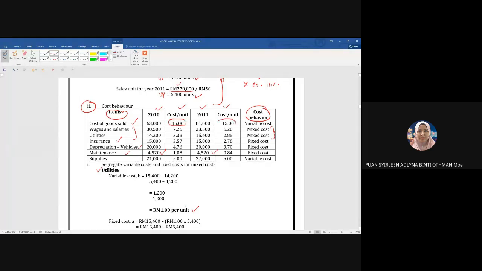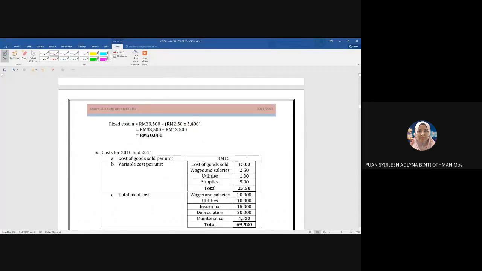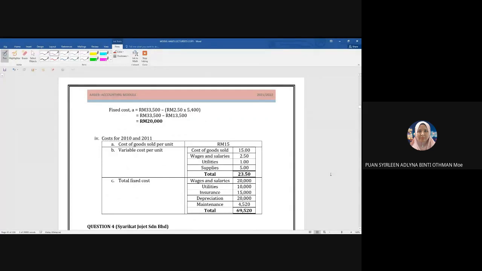Every time I divide, I get RM15. This one I divided by 5,400, and this one by 4,200. So your cost of goods sold per unit is RM15. I calculated the cost for 2010-2011 in one column only. This is for my variable cost and this is for my total fixed cost.